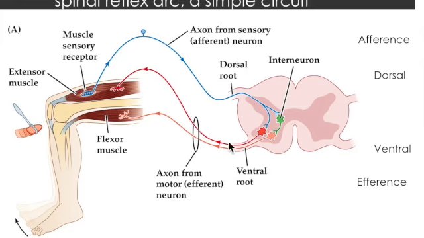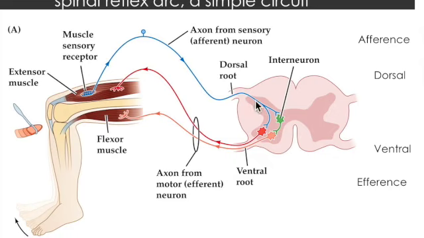The first output goes directly from the afferent axon out through the ventral root of the spinal cord towards the same muscle from which the input was received. So that's the first output.